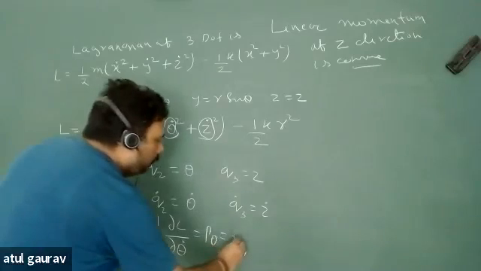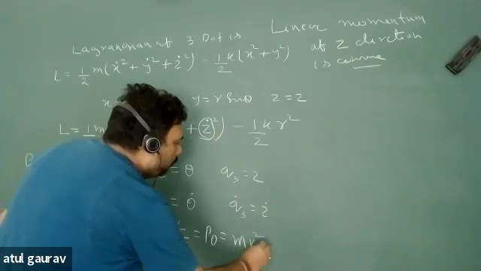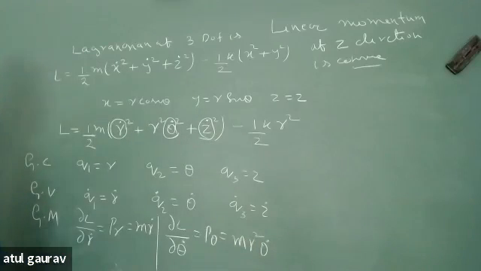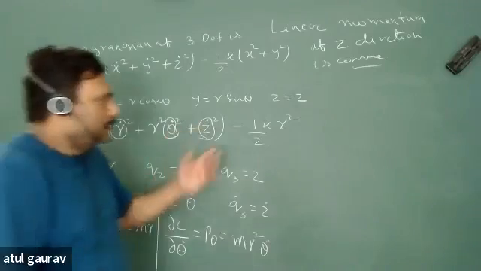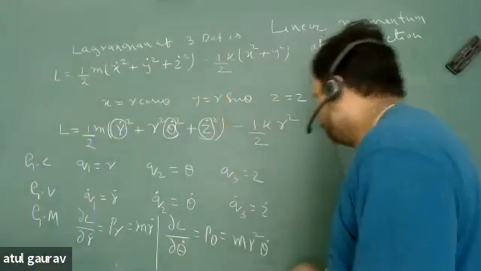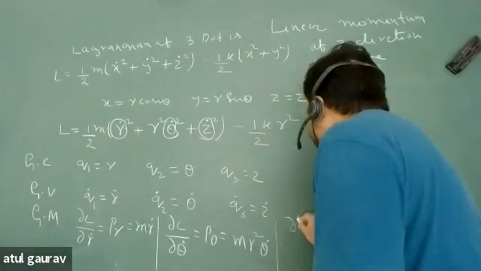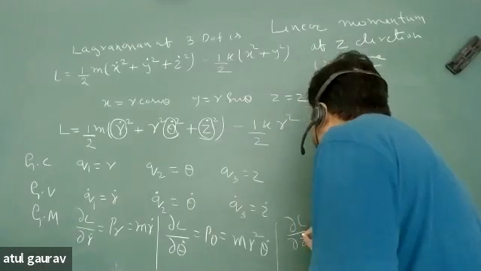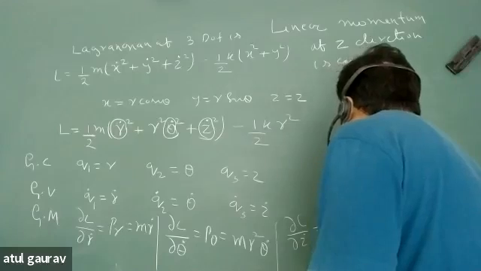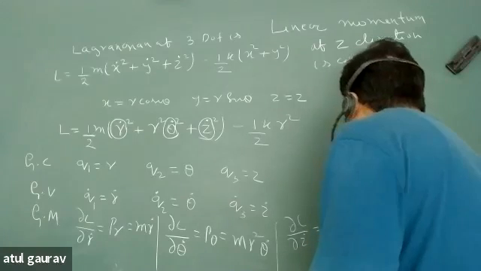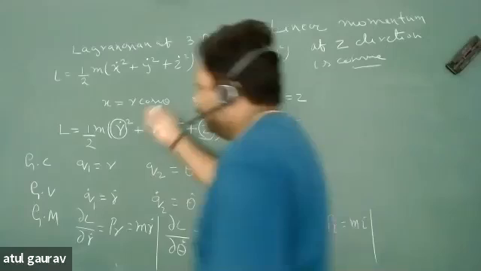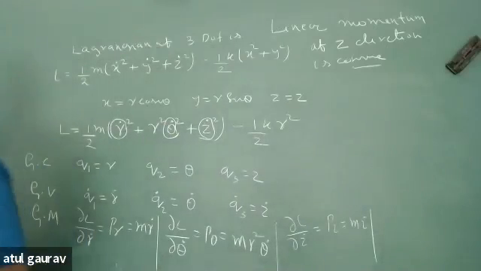So this will be m r square theta dot. And z is also my generalized coordinate, then we have del L upon del z dot is equal to p_z, and that will be m z dot.